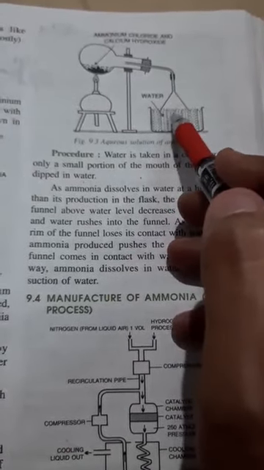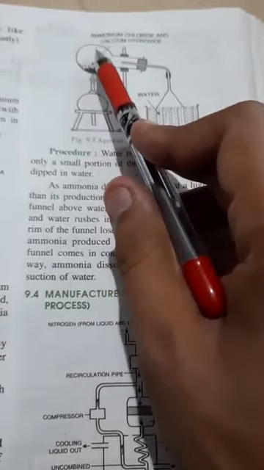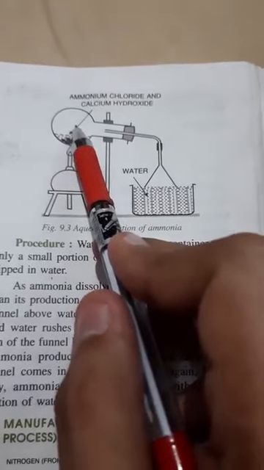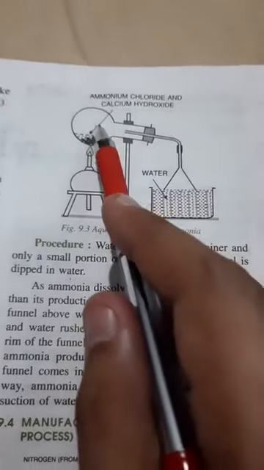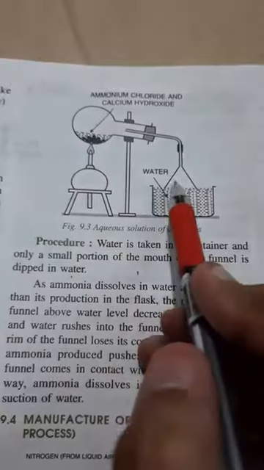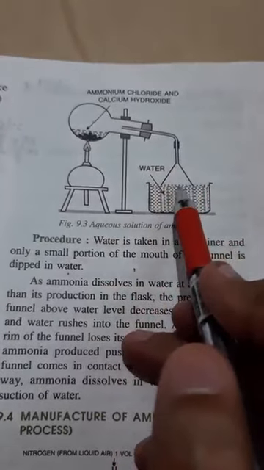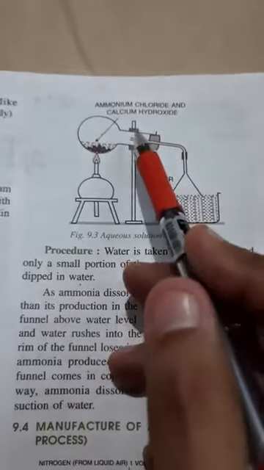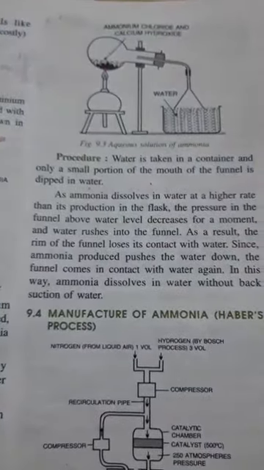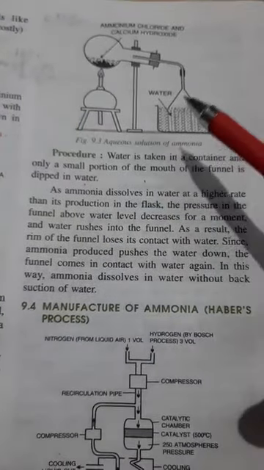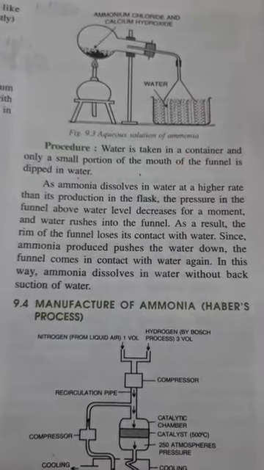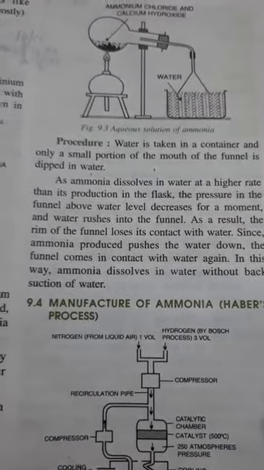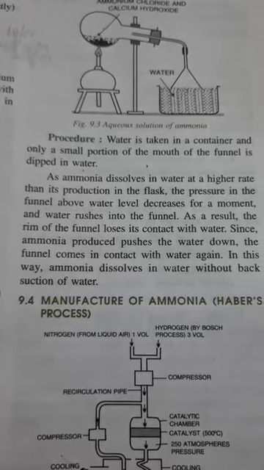Suppose, say in numbers, only 10 parts of ammonia have been made or prepared, right? Those 10 parts come and dissolve here very fast, and other parts are still not made properly, right? So there is a chance of back suction, a chance that water can go backward, right? So to avoid that, this type of funnel arrangement is done.